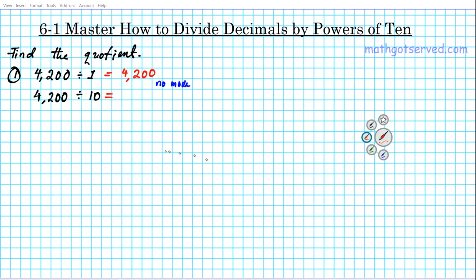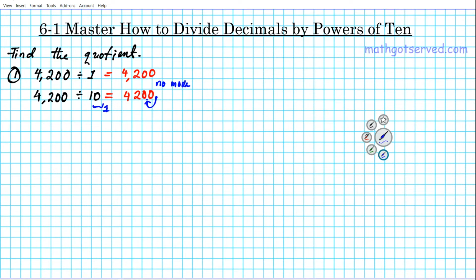Okay, so here we're going to be dividing by 10. There's 1 zero there, so our decimal point is going to move one place to the left. Our result will be smaller. Originally the decimal point was right here. Since there's just 1 zero, our decimal point is going to move one place to the left, right there.